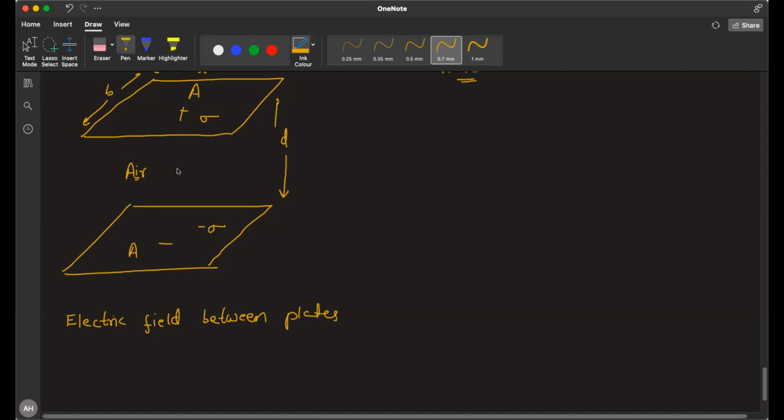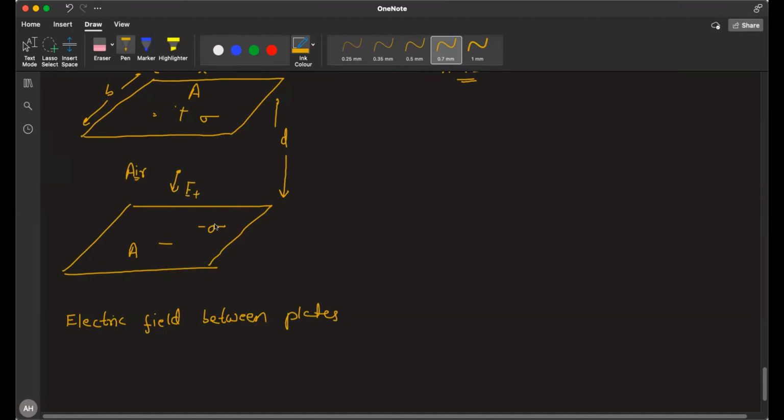When you calculate the electric field between the plates, it's due to both the charges. What is the direction of field due to this positive plate? Upwards, downwards, right, left? Downwards. Why downwards? Because for a positive charge, the direction of field is away from the charge.